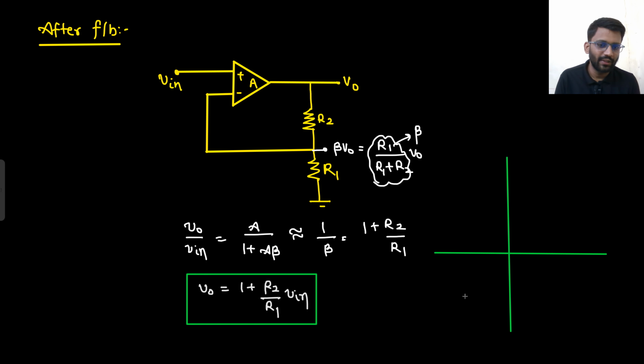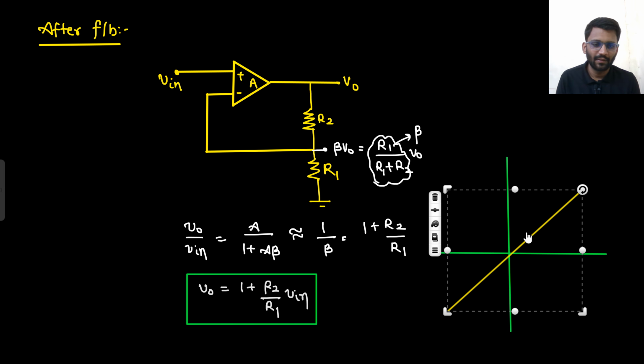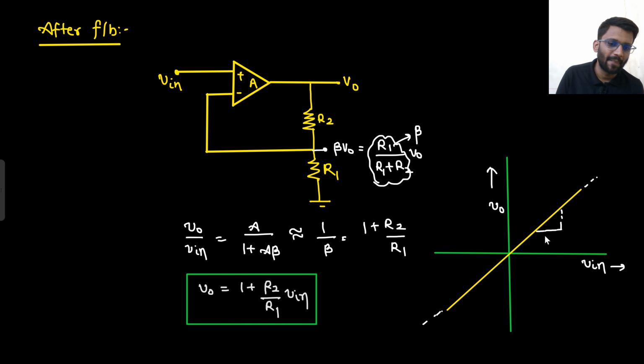Because the gain is constant, it will always be following this graph. It will always be linear, and the slope will always be the same.